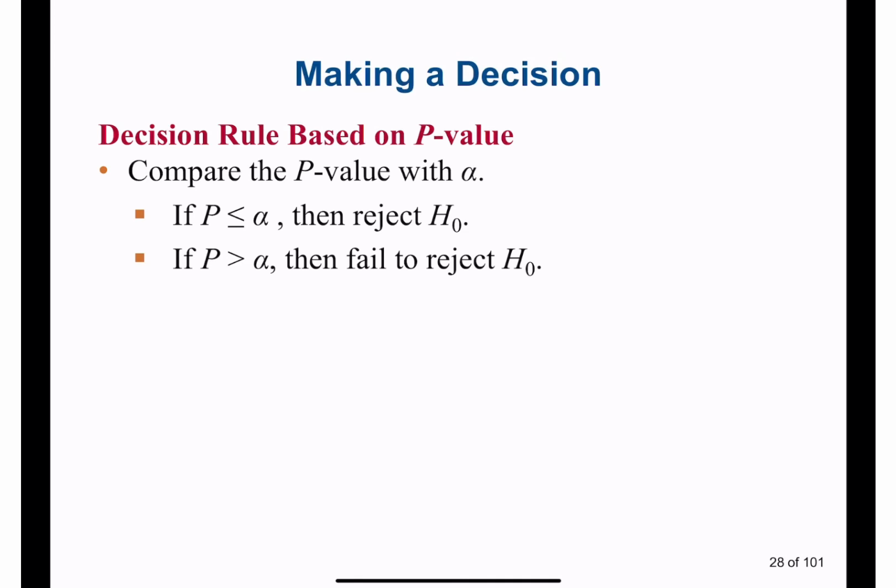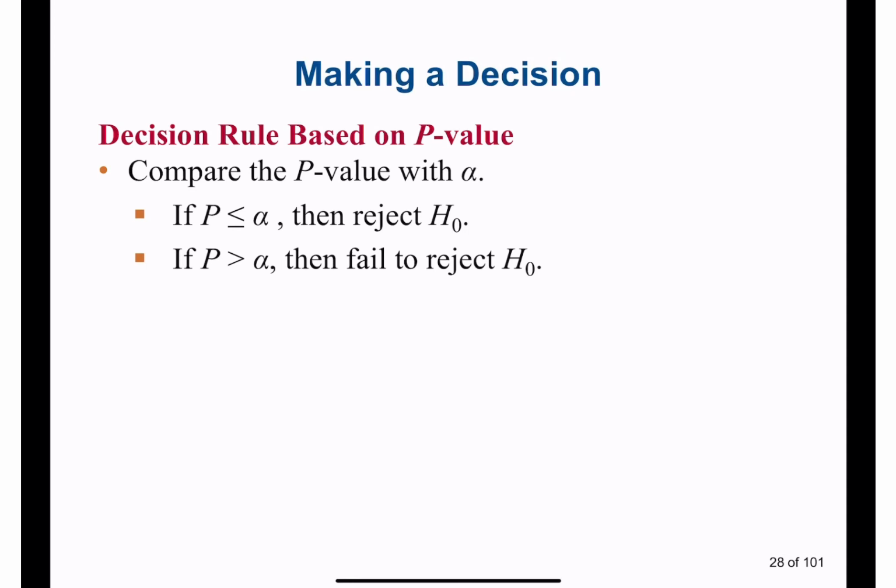Now, how can we make a decision? Alpha is the allowable error. Say the FDA allows 20% contamination. The p-value is your own error, the one you got, and you compare the p-value to the given permitted alpha.